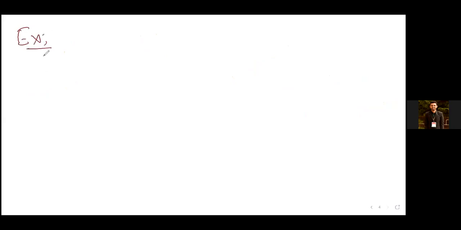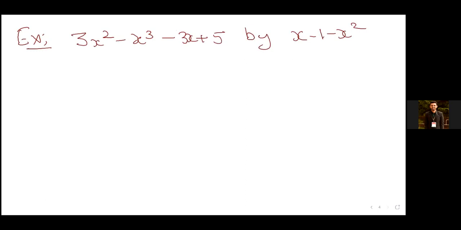Divide 3x square minus x cube minus 3x plus 5 by the term x minus 1 minus x square.